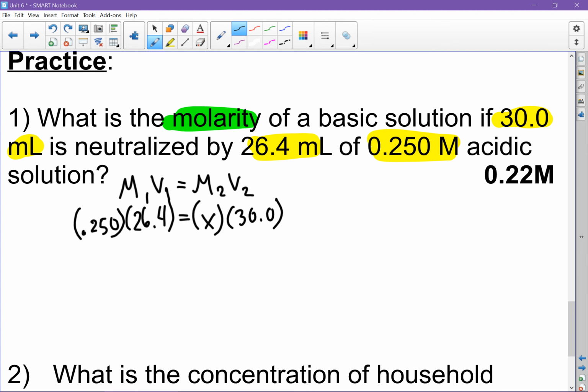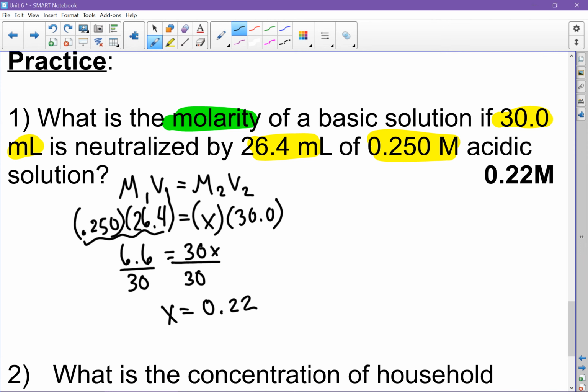And now you're just going to solve this with regular algebra. You're going to combine like terms. So I'm going to multiply right here. 6.6 equals 30x. Divide by that 30. X equals. Calculator says 0.22, and of course you're going to check sig figs.